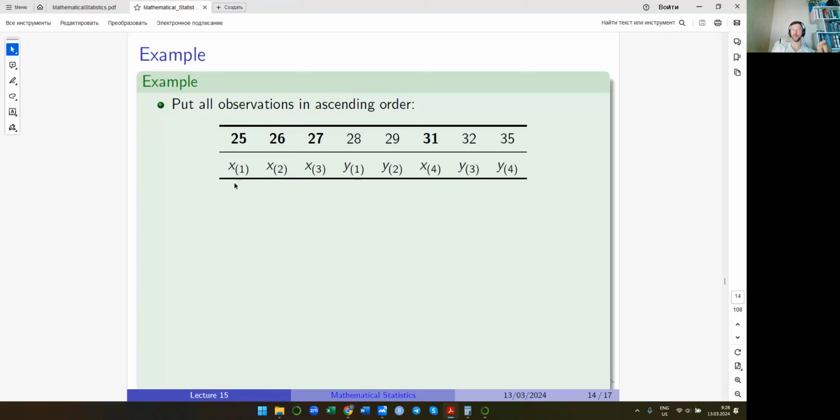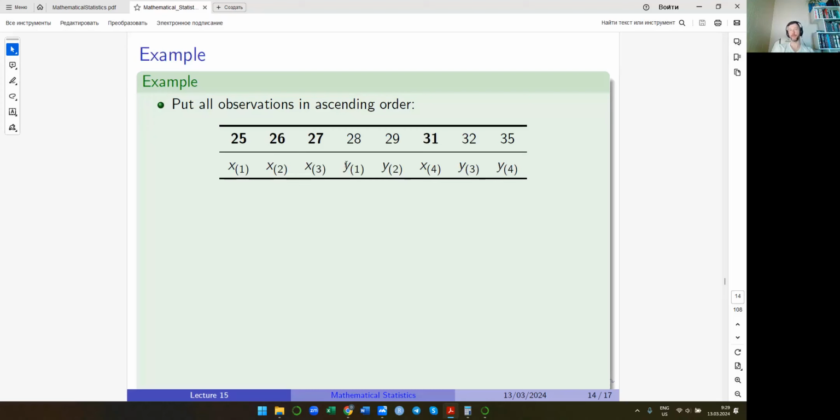So this is the first, smallest value from the first sample, from the sample X. This is the second observation from the sample X. This is the third. And then I have the first observation of sample Y, second observation of sample Y, then fourth observation of sample X, and third and fourth observations of sample Y.